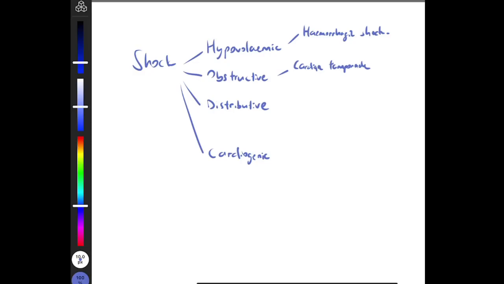However, in cardiac tamponade, because of the blood surrounding the heart, it can't expand properly. And so this causes obstruction in the flow of blood. Other than cardiac tamponade, you can also have tension pneumothorax. Tension pneumothorax also causes obstructive shock.